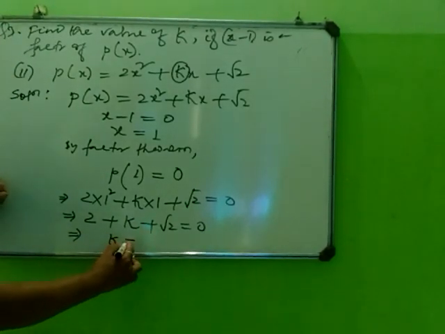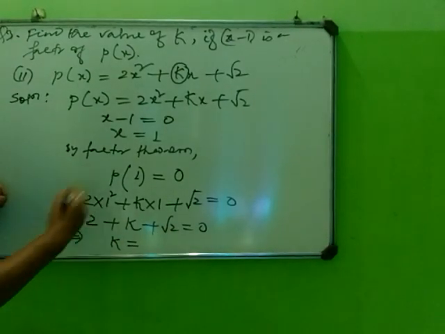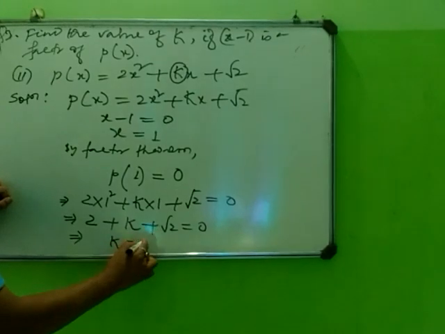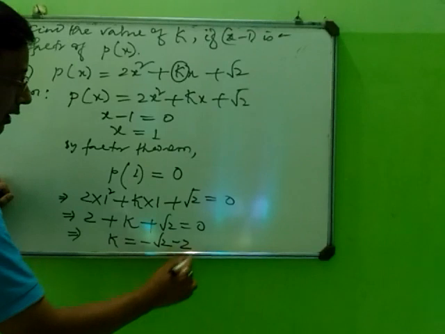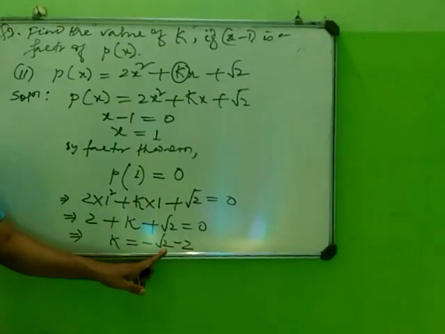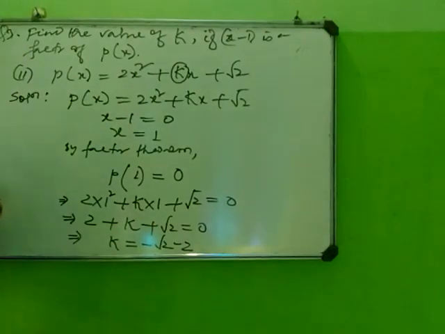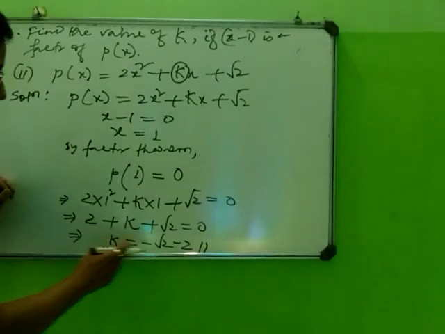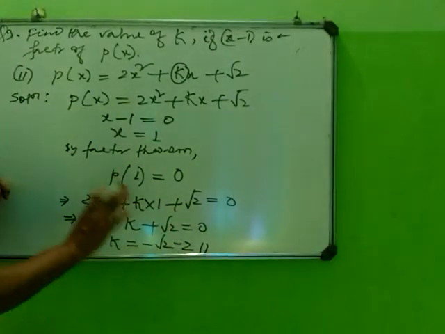So k equals, taking this irrational number and rational number to the other side, there is plus, it will be minus root 2. There is plus, it will be minus 2. Now you cannot simplify because one is an irrational number, the other is a rational number. This is your answer. So k is minus root 2 minus 2.